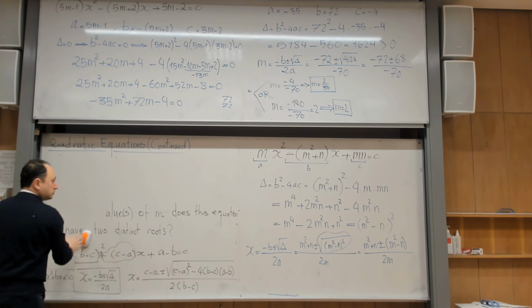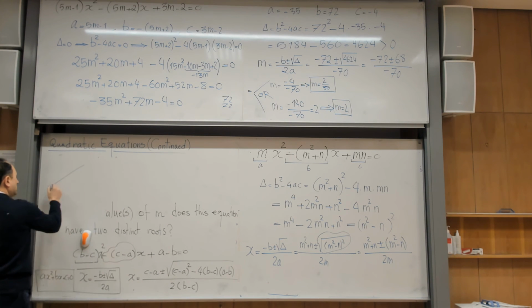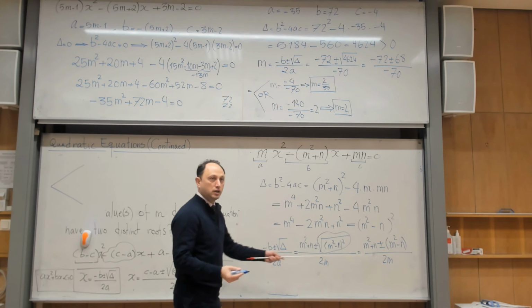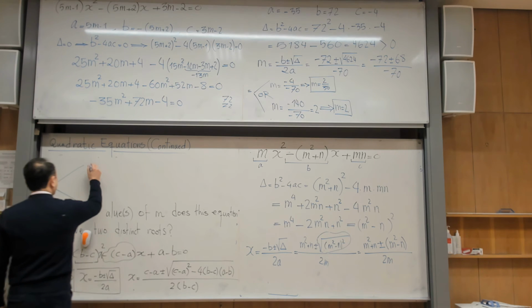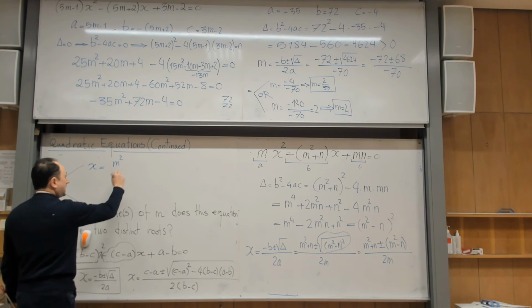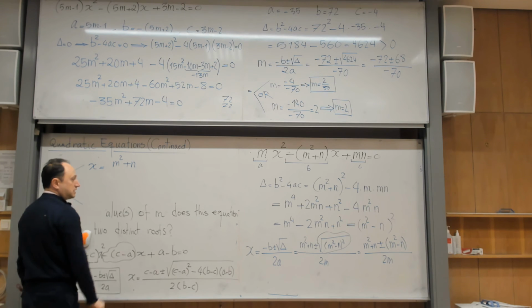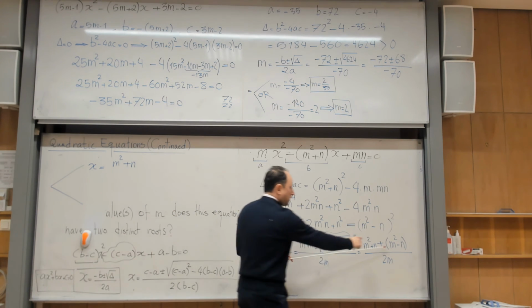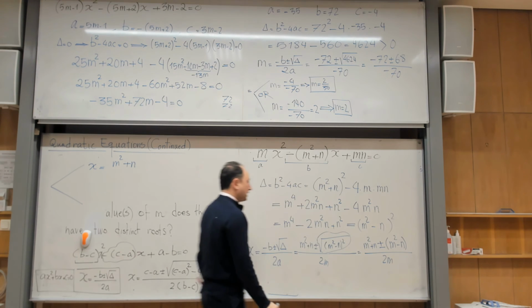So what I do, I split it into 2 parts from here. One I will take with positive sign as usual. So I have x equals m squared plus n. And then I consider the plus sign, so I safely remove the pair of brackets here.